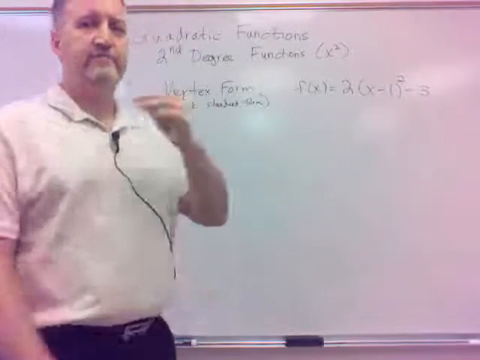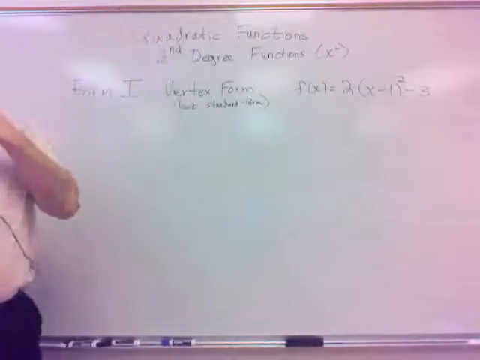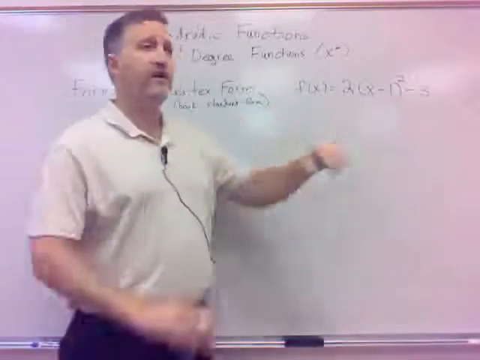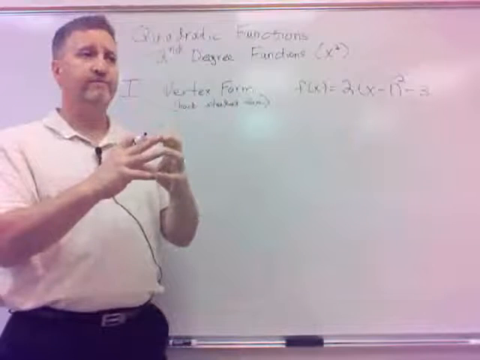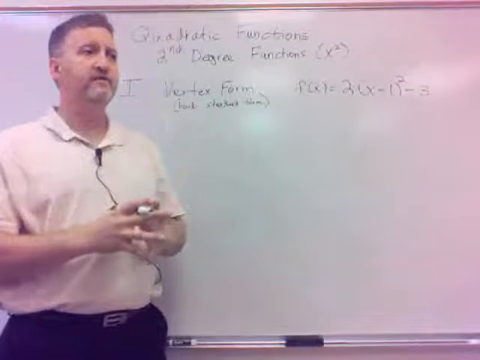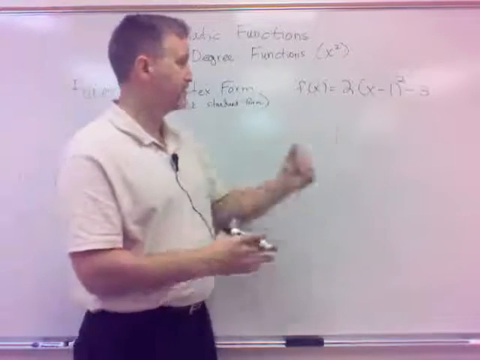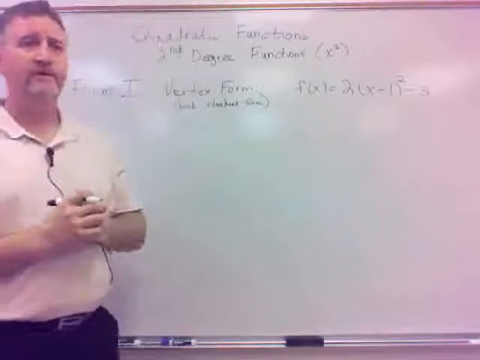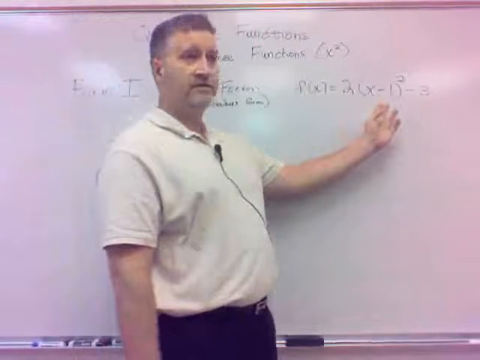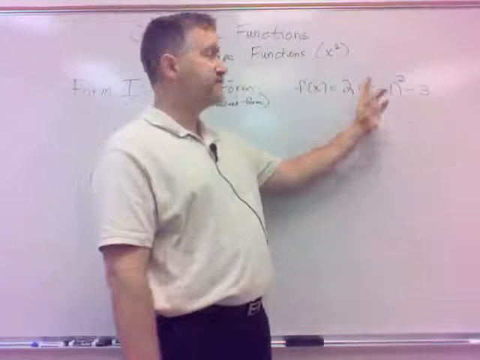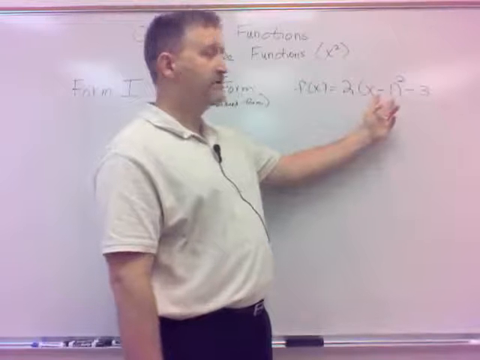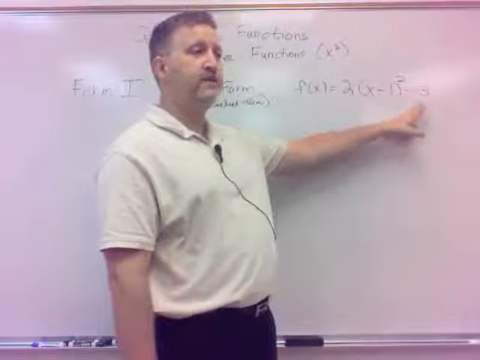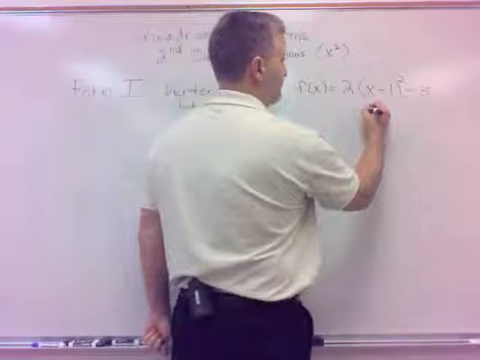What can you tell me about? Because this is taking the x squared and transforming it, isn't it? What is something done here to the x squared graph by this form here? It's shifted it, hasn't it? It's shifted it because I've got the minus 1 on the inside, the minus 3 on the outside. This graph has been shifted.